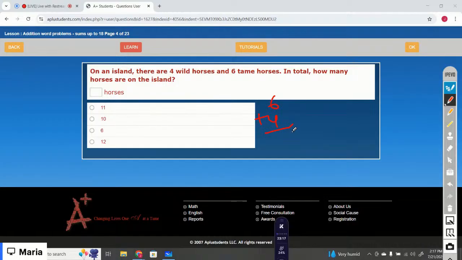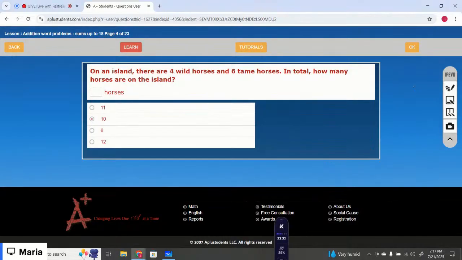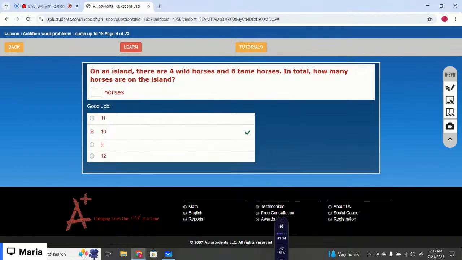So 6, 7, 8, 9, and 10. 6 plus 4 makes 10. Option number 2 is the correct option.